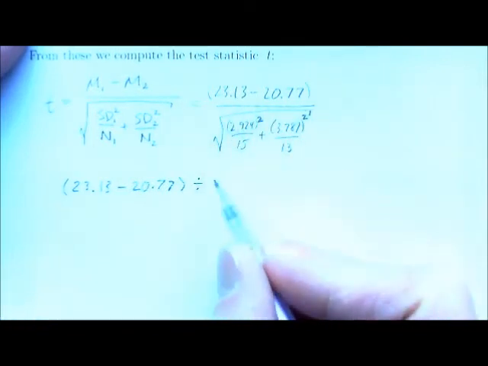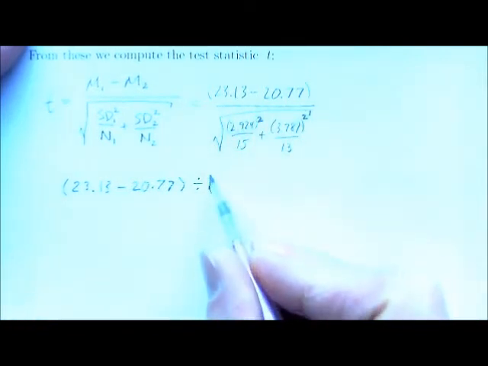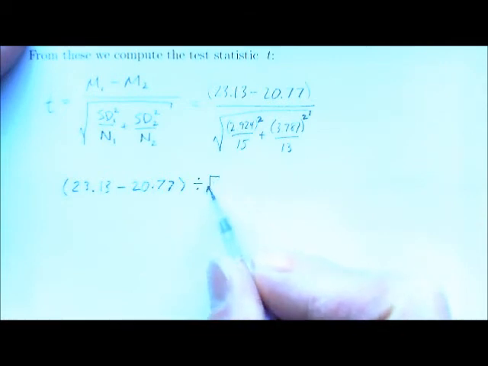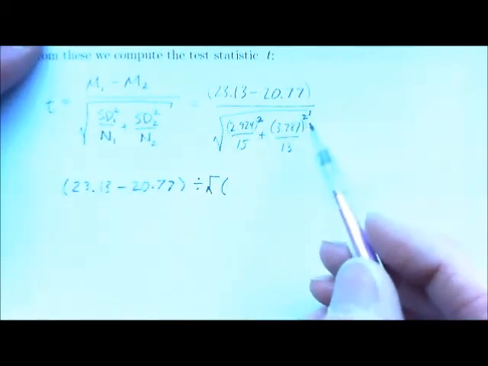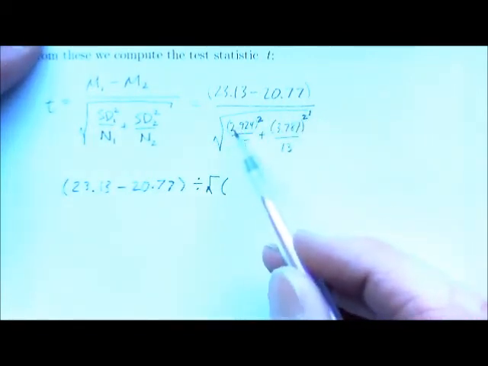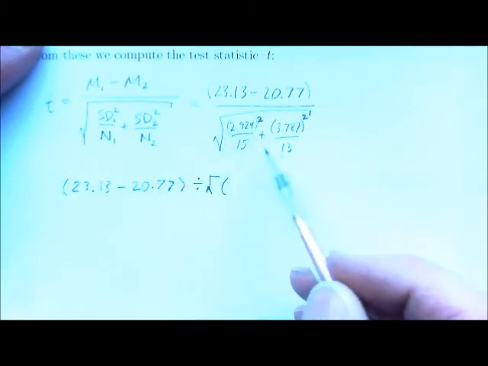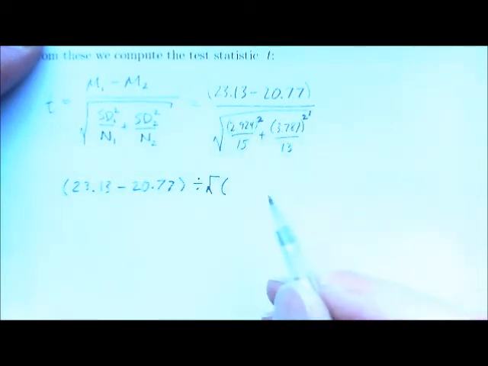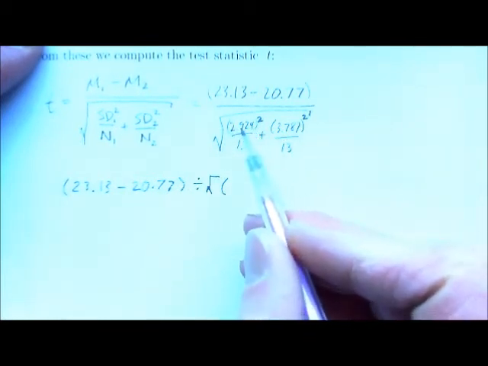And then we need to do a square root, so you hit the button that has a square root on it, and that will probably automatically show a parenthesis like this. Then what's going to come is all of this stuff in here, and you don't need to do anything special with it. You just put it in this order.